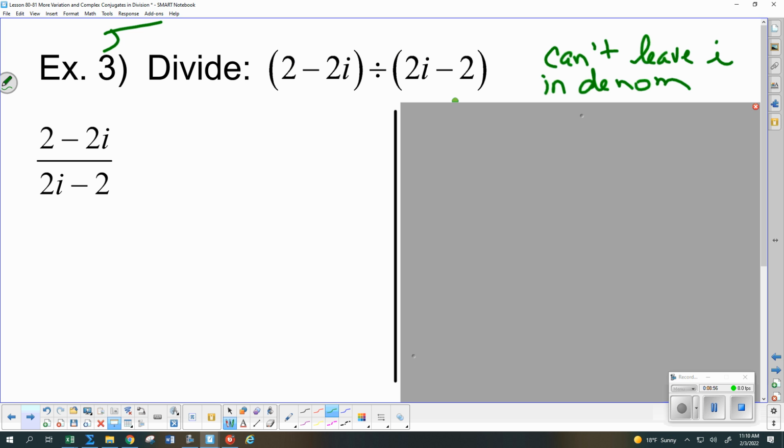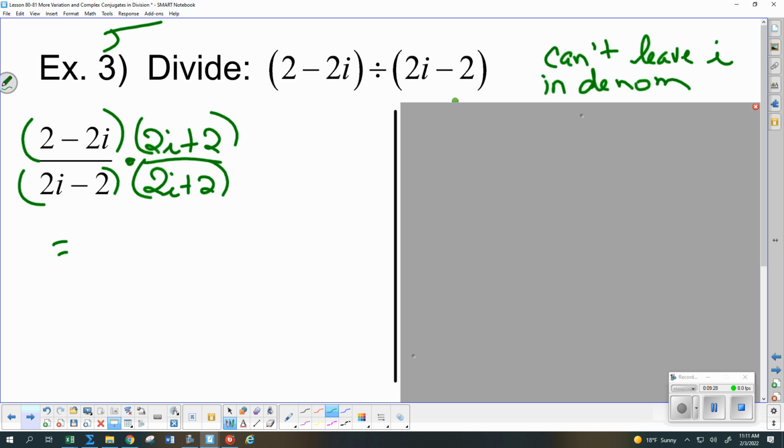So who can help me set this up? What am I going to multiply numerator and denominator by? Some of you who haven't answered yet. Evelyn, what do you think? So we can change that sign and multiply by 2i plus 2 over 2i plus 2.